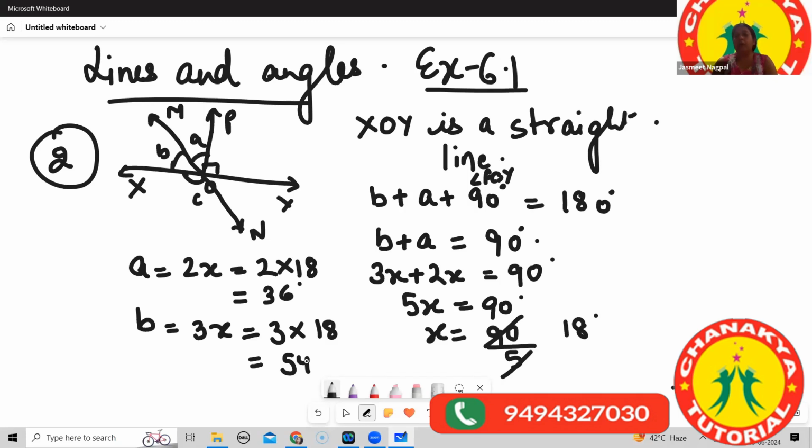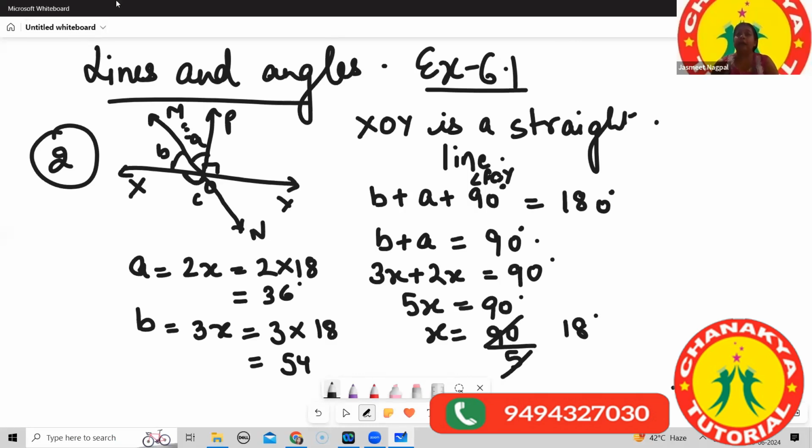What is the vertical opposite angle then? You see in the figure, the vertical opposite is C. If A and B is 36 and 54, so what is the value of C then? Ma'am, angle A plus angle POY is equal to angle C. Yes.